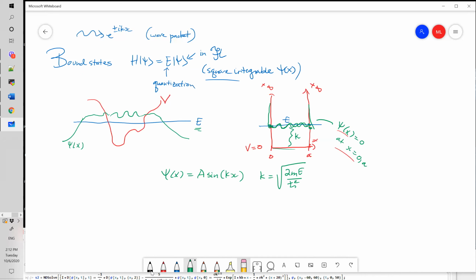This can only take on particular values, because otherwise the boundary conditions don't work out. This won't vanish at 0 and A. And so the possibilities, we can write them like this, where n is 0, 1, 2, 3.